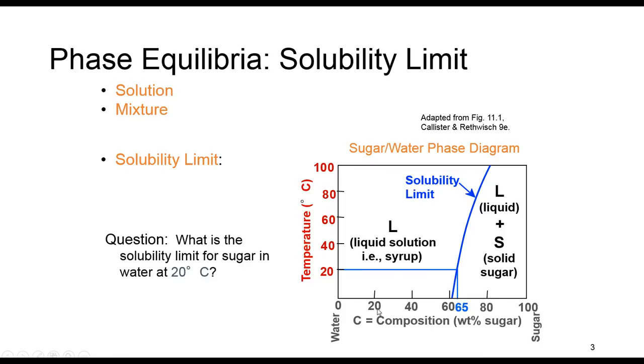As you can see, the value that is the solubility limit for 20 degrees is 65%. Of course, at 20 degrees, if the composition is below that, we deal with the syrup or water sugar, and if it's above that, we have two phases of liquid and solid sugar.